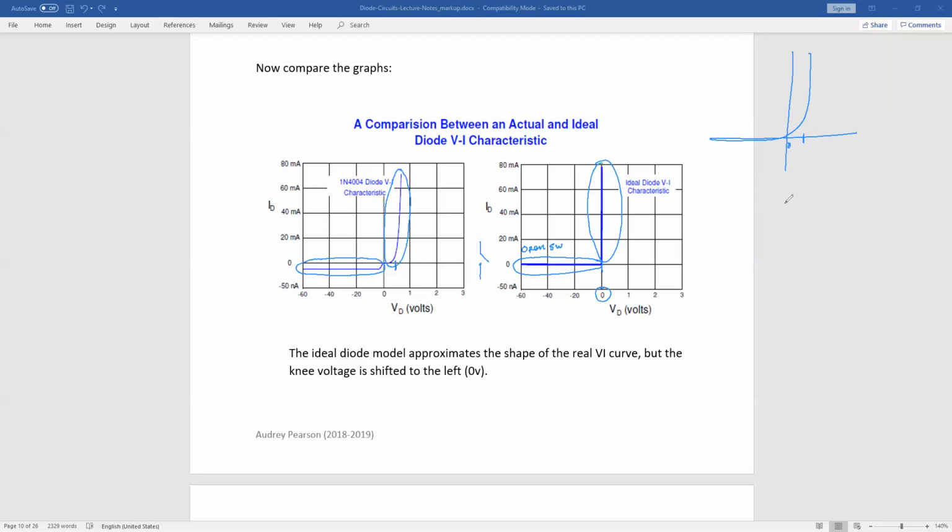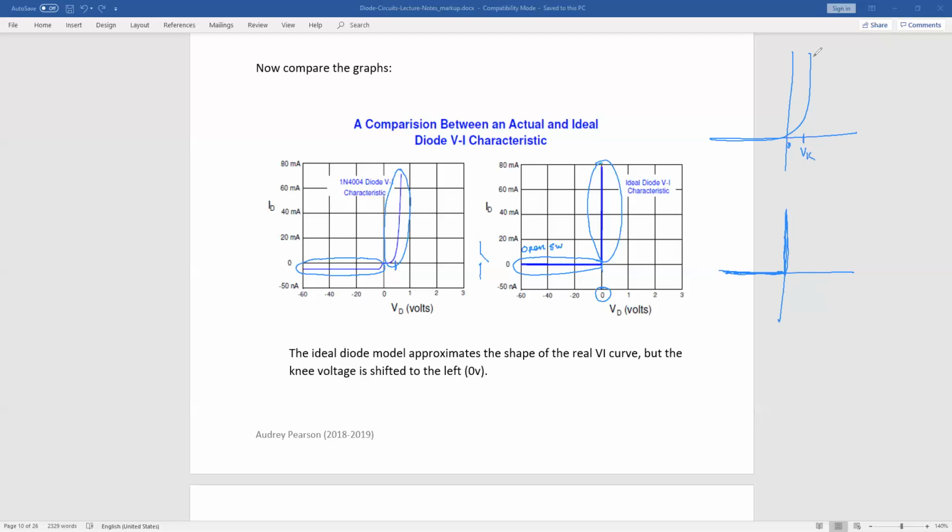But for our ideal diode model, our model for the reverse bias region is pretty much fine. It follows along this axis, and that's okay because we have such a tiny reverse current that it doesn't really matter. But when it makes that vertical turn, it makes it at 0 volts instead of at the knee voltage.